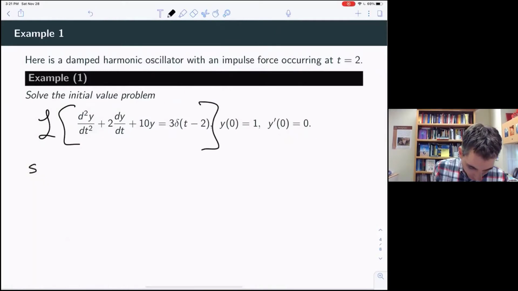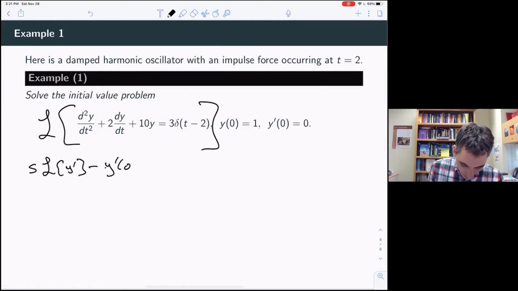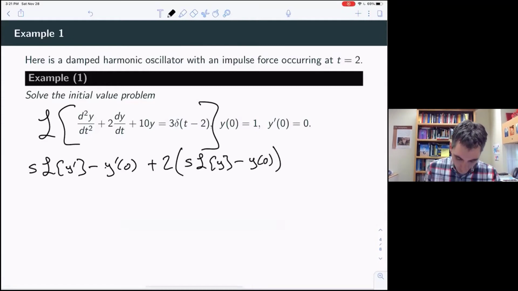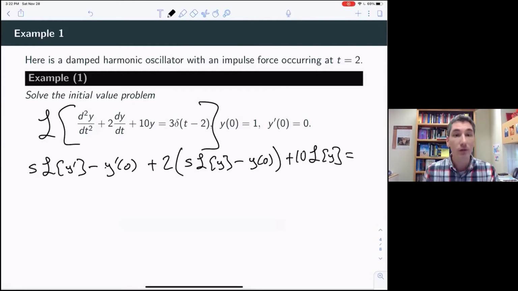So we're going to have s L of y prime using our Laplace transform for derivatives minus y prime of 0 plus 2 and then parentheses sL of y minus y of 0 and then plus 10 L of y equals right-hand side.